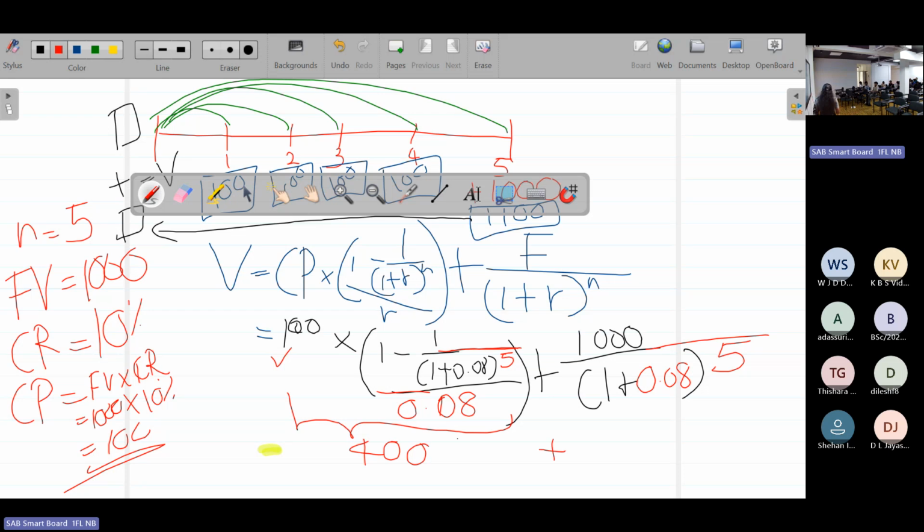Plus 1000 divided by 1 plus 0.08 to the power 5. What's the answer here? 680.58. The answer then, total, 1080.58.